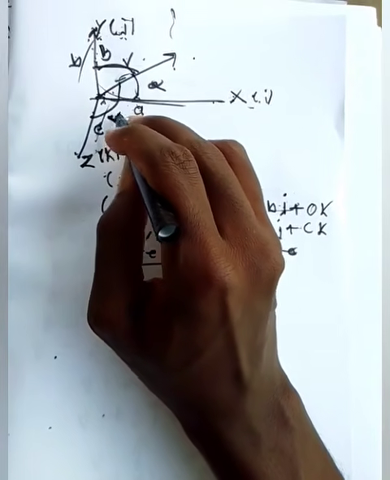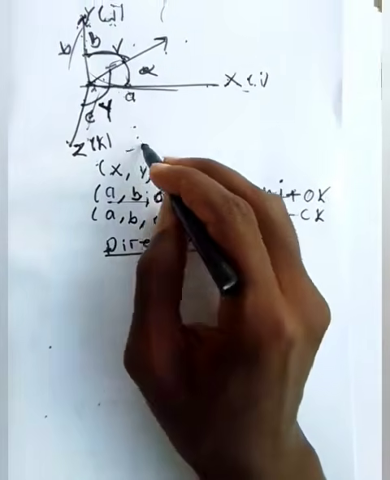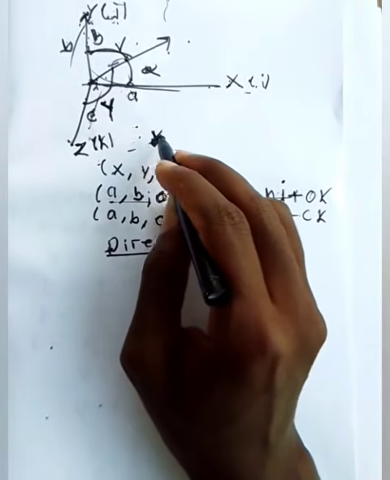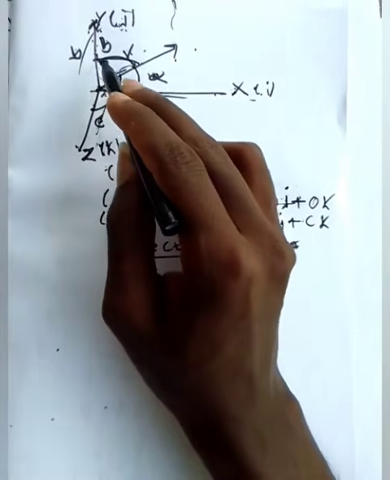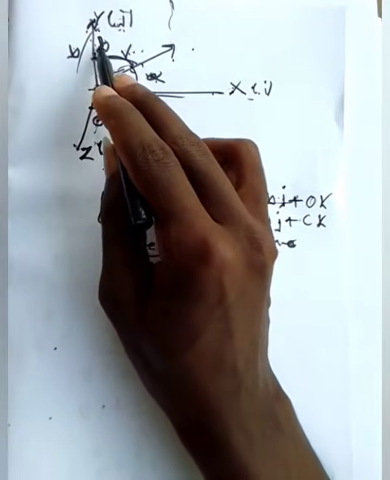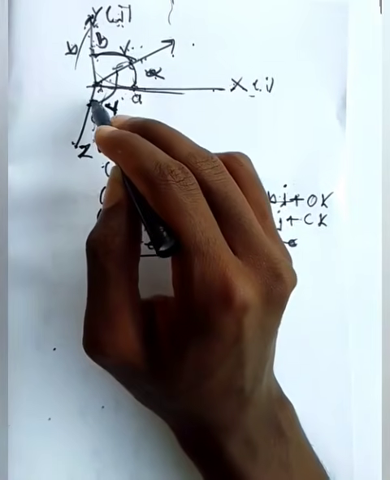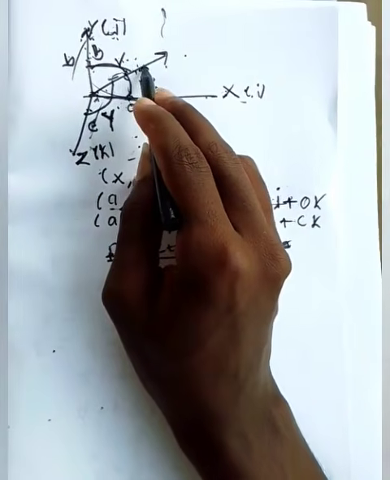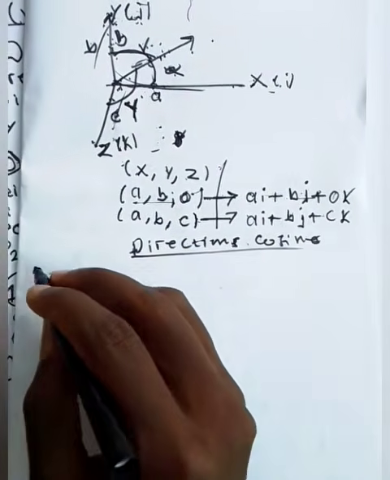Gamma is written something like this. Okay, so these are the angles basically. There's alpha between x and the vector, beta between y and the vector, and gamma between z and the vector. Now we can find these angles using these formulas.